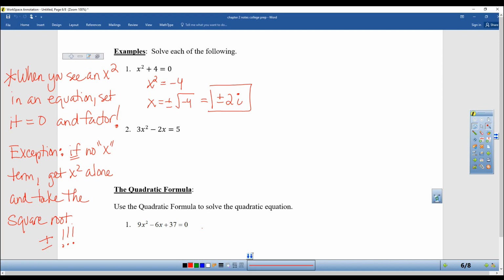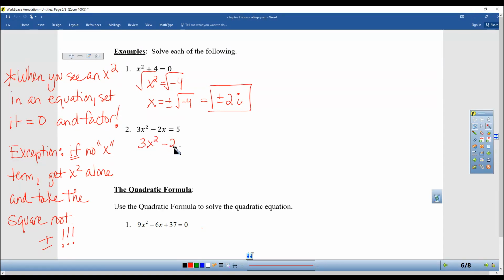So all the time, kids try to apply that to this situation, but you can't take the square root of this. The square root of x squared, this you can do. But the square root of this, yeah, you're not doing that. So when you see an x squared in an equation, always set it equal to 0 and factor.